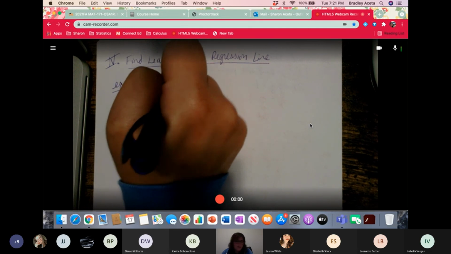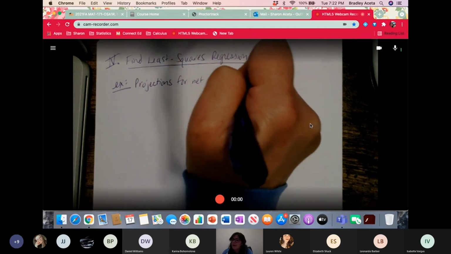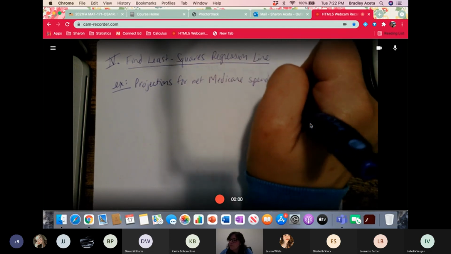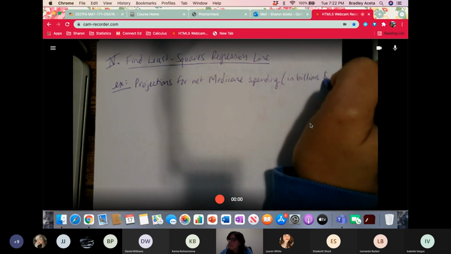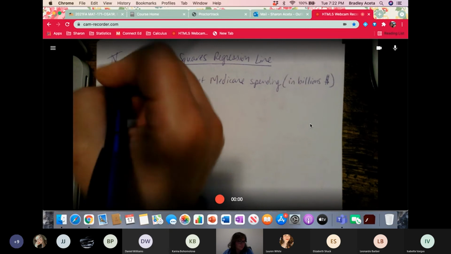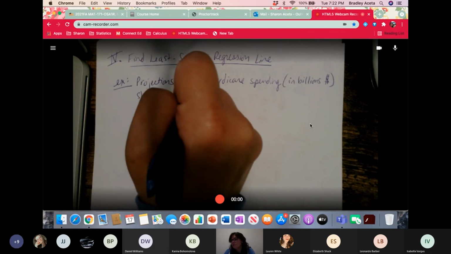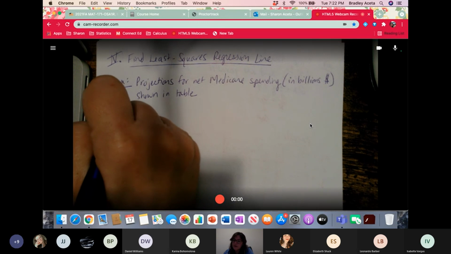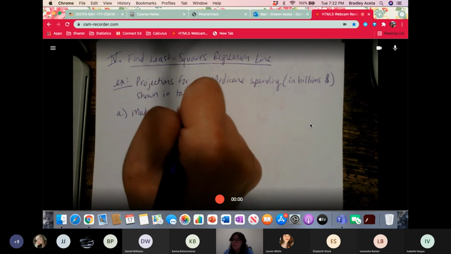These are the projections for net Medicare spending in billions of dollars, shown in the table. And I'll make the table in a minute. Okay. And the first thing it asks you to do is make what's called a scatter plot.